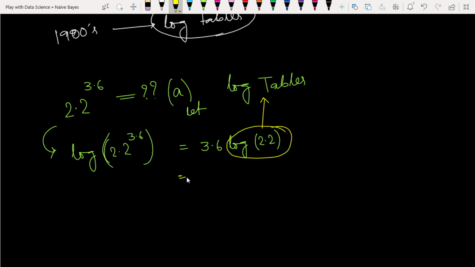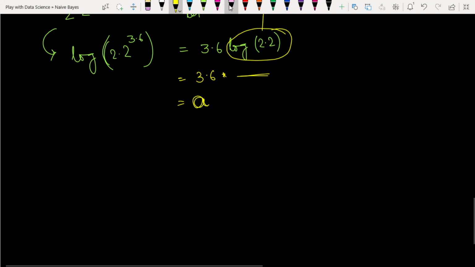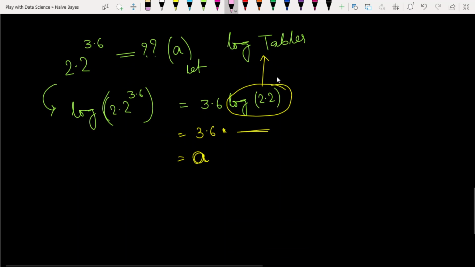Suppose we take each value from the log table, and after multiplication we get a value equal to log a. Now, we have a log table as well as an anti-log table.